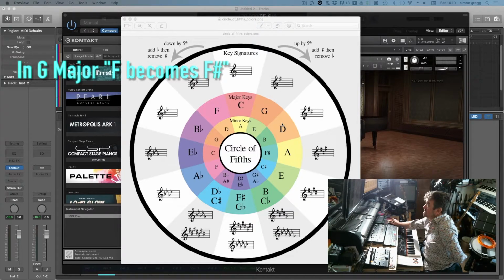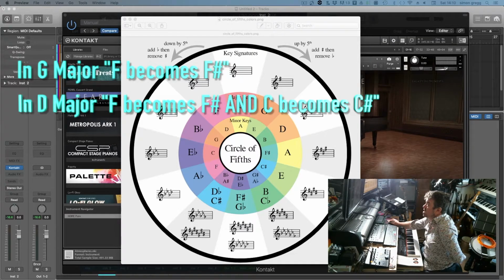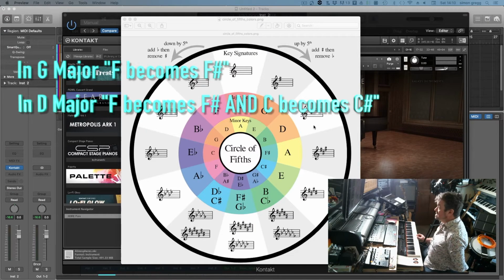In D, the F is still sharpened, but we've added another sharpened note. And it's this note here. And that's the note of C. Okay? Let's just look at the keyboard again and just make sure that you're familiar with the fact that those notes are the C sharp and the F sharp.